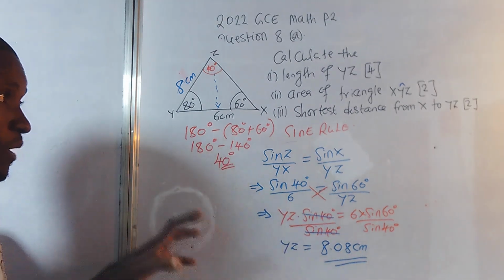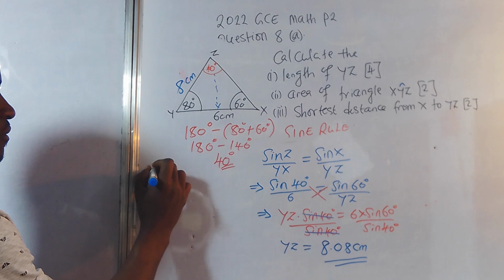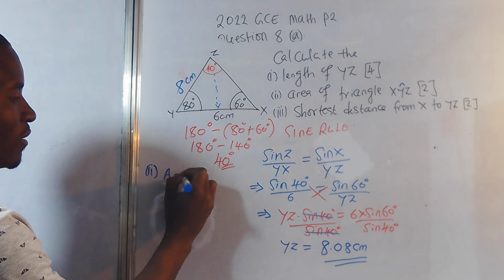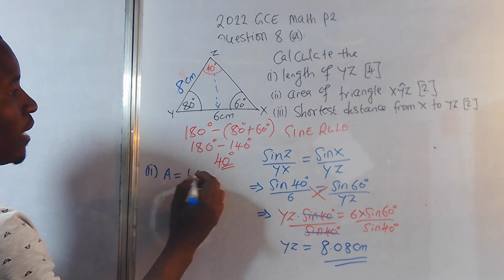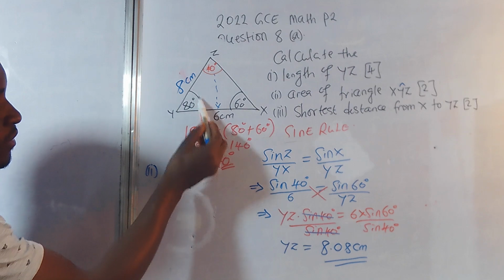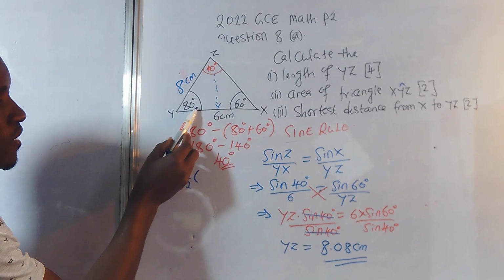So from there now, we can find the area of that. This is going to be area equals half multiplied by this side. Because the angle is this one, the sides you're going to use are the sides that are adjacent to this angle.